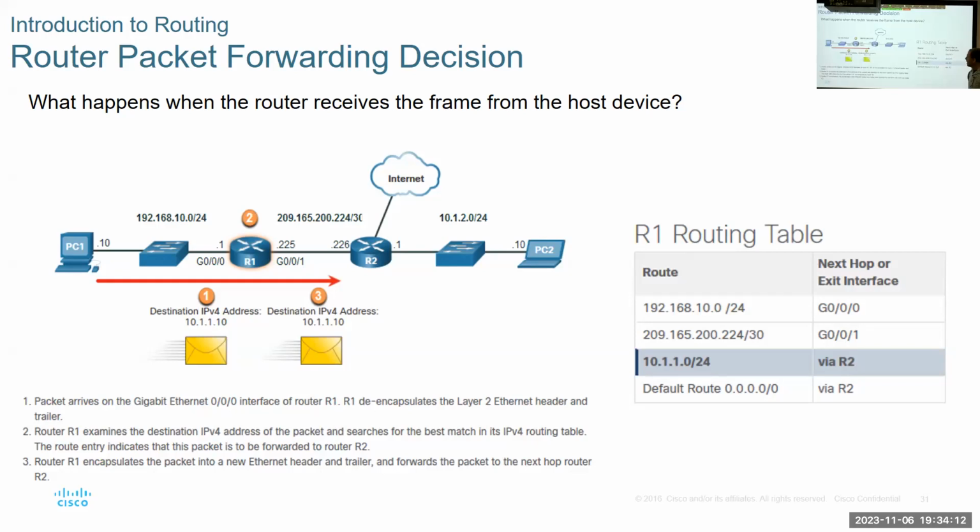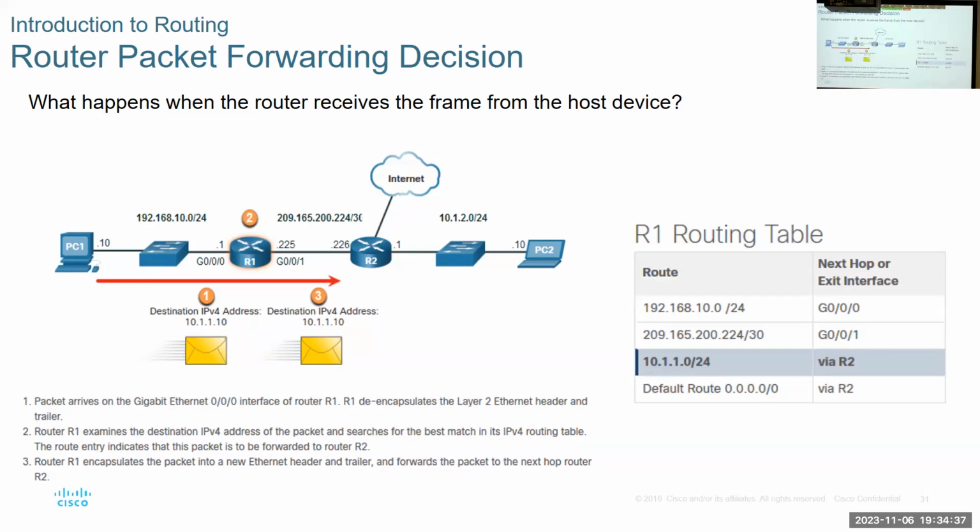Okay, so when a router receives a frame from a device, in this case PC1 is communicating with PC2, PC1 will take the packet, get the MAC address of router 1, and send it to router 1 to be routed.